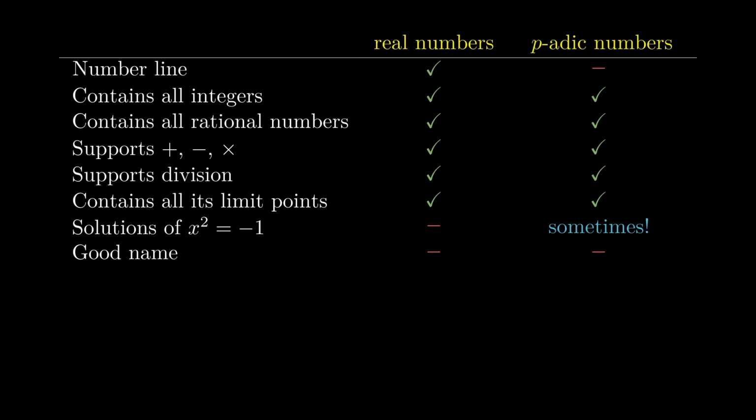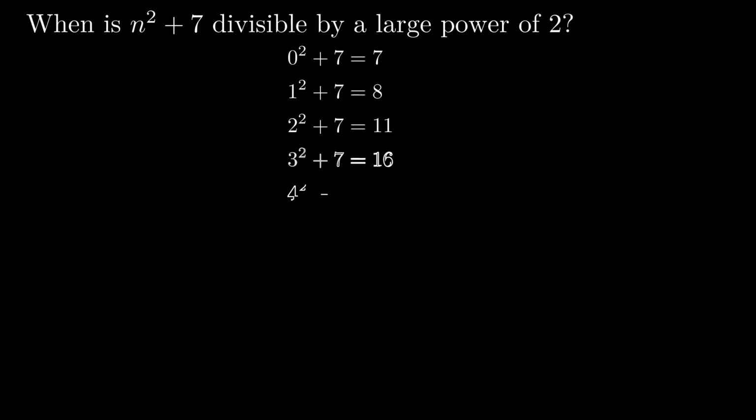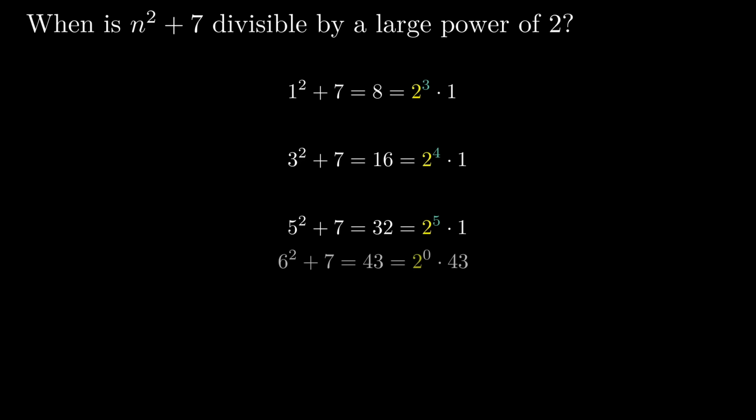So what are p-adic numbers good for? Well, here's one application. When is n squared plus 7 divisible by a large power of 2? In other words, when is it highly divisible by 2? When we plug in the first few values of n, the highest power of 2 we see is 2 to the 5th. When do we get a value that's divisible by 2 to the 6th?